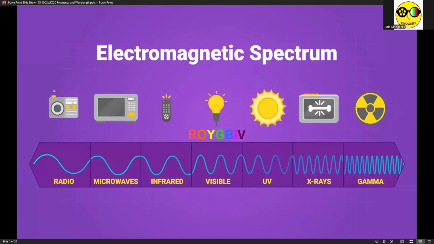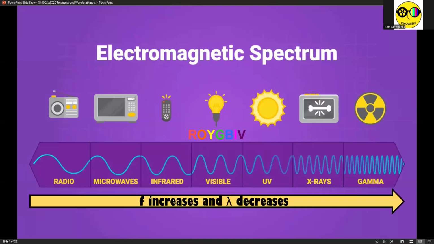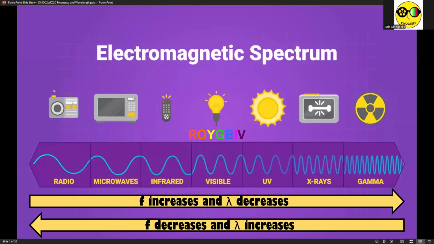Because we're going to compute for the values of frequency and wavelength later, let's first review their trends. From radio to gamma, frequency increases and wavelength decreases. So the number of waves increases while the length of the wave decreases. On the other hand, if you proceed from gamma to radio, frequency decreases and the wavelength increases.